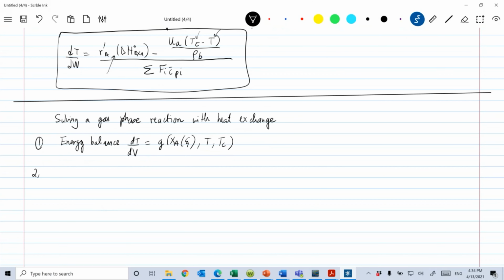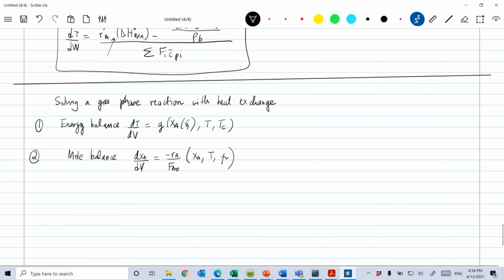Now, the second thing you need is your mole balance. And in terms of, for example, fractional conversion, it's just this. You can write it in terms of flow. That's the same. And this is a function of XA, temperature, and pressure, for example.